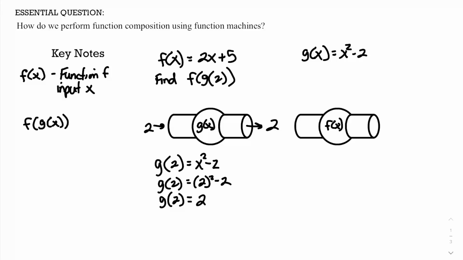And now that output value from g of 2 becomes the input of f of x. So now we're going to take f of x, which is 2x plus 5, and plug in 2.